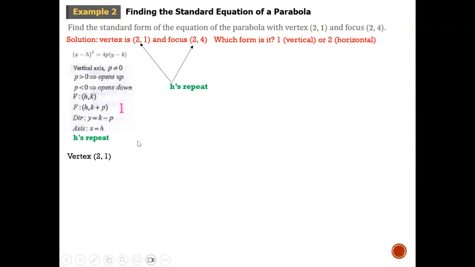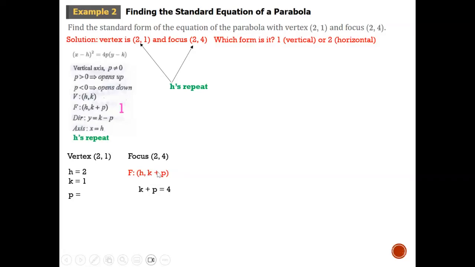So we have the vertex (2, 1), so my H, K is (2, 1). And with the focus, we're going to find our P. In this case, my focus is (H, K plus P). We know the H is 2.